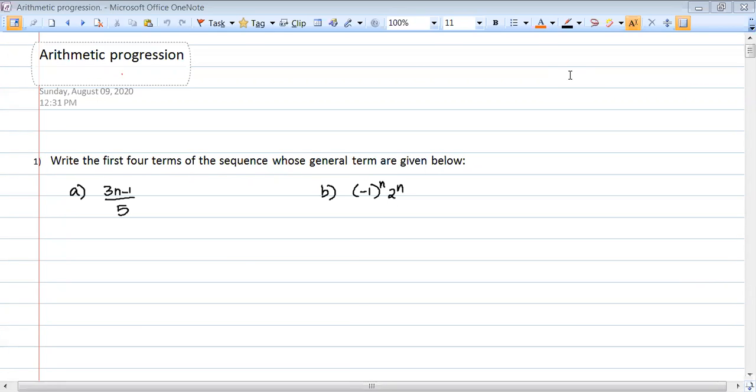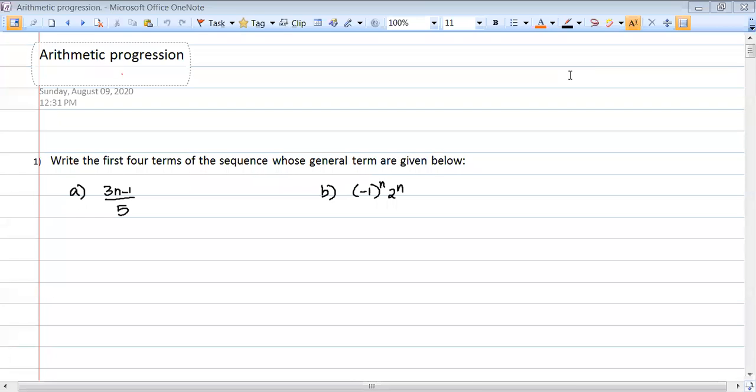Now I am just going to give you one question. Before that, everyone leave some space and put the topic arithmetic progression. I'm just going to continue. Please everyone start to do question number 1.